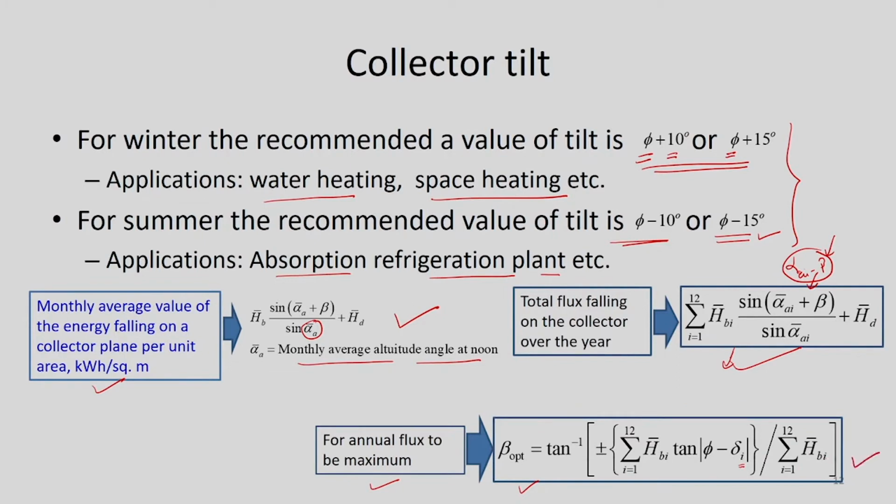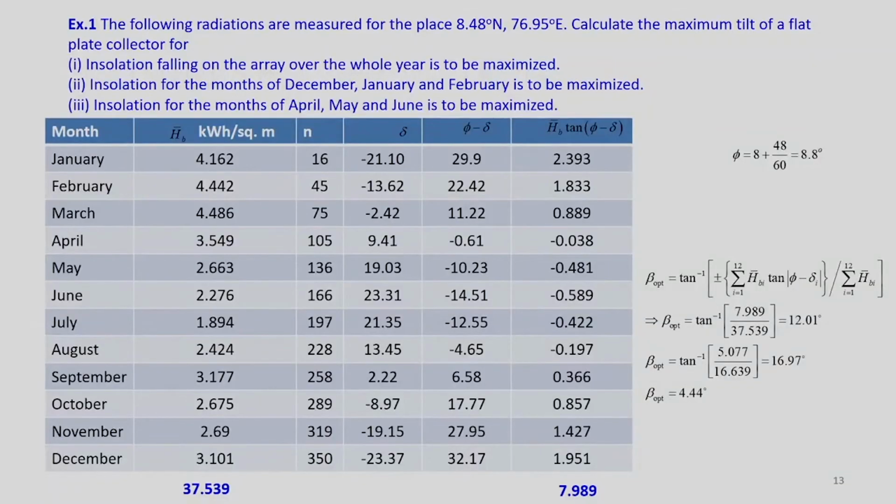Okay. Now, let us take a problem. The following radiations are measured for a place having phi value 8.48 north and longitude 76.95 degree east.